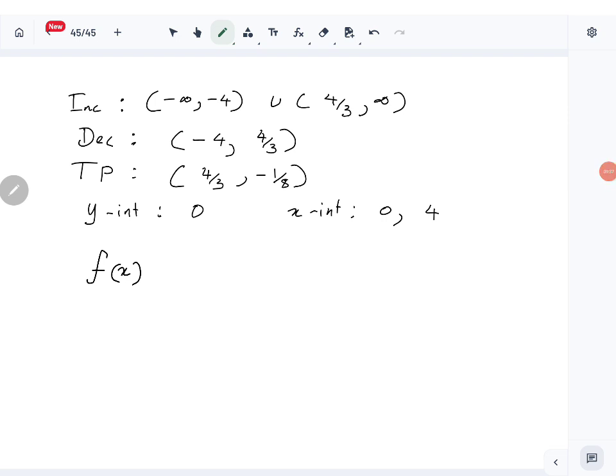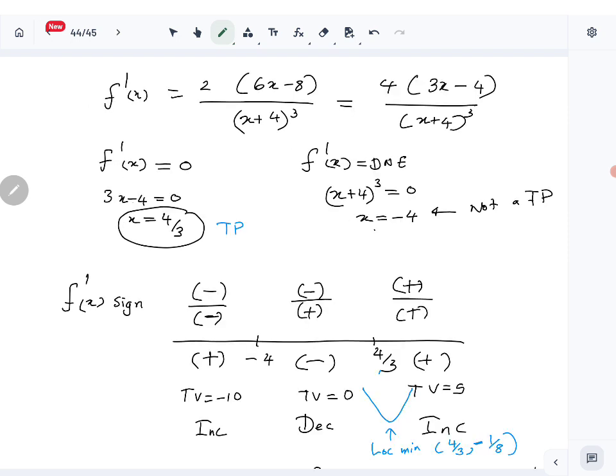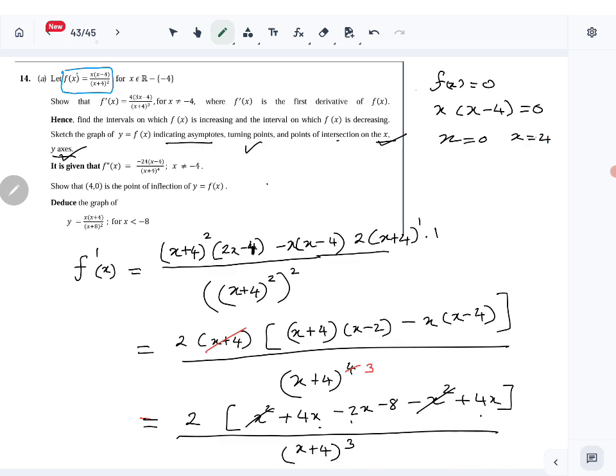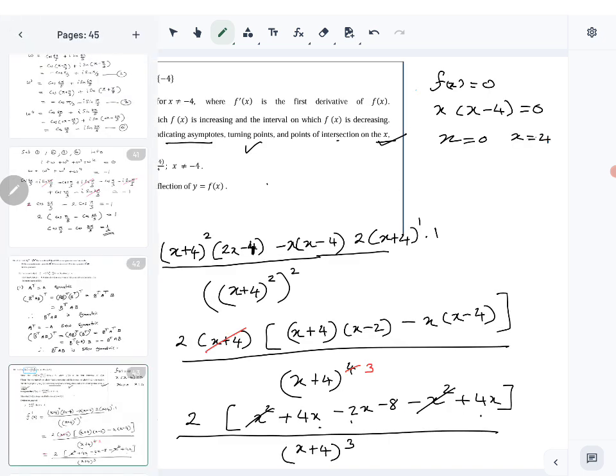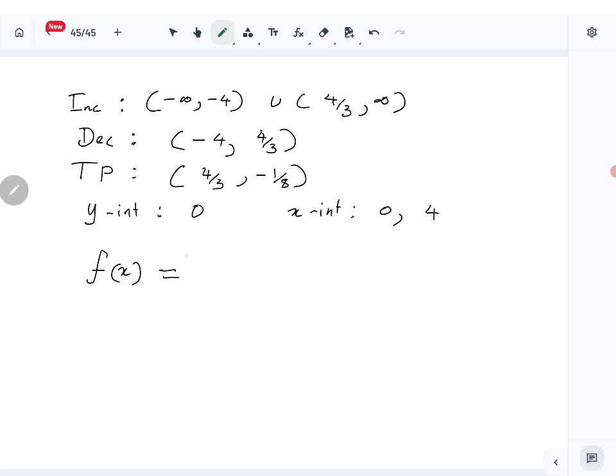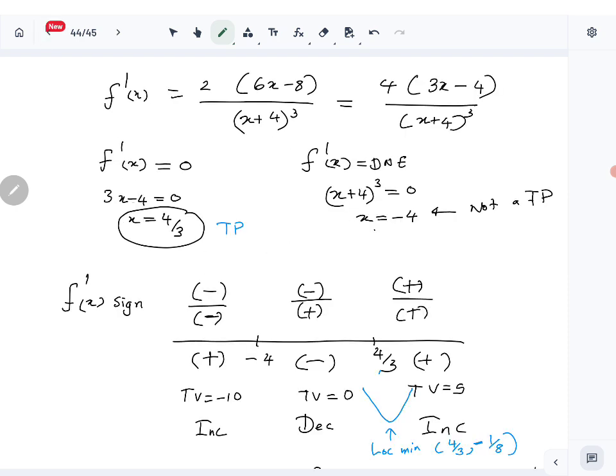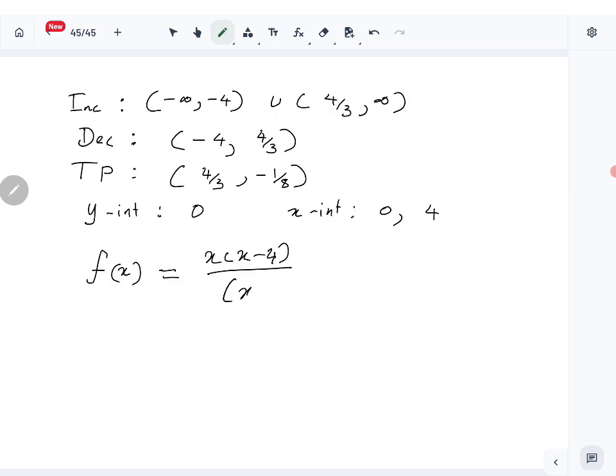Okay, so let's continue. So now we need to find what? Vertical asymptotes and horizontal asymptotes. So f(x) equals, let's go back to the function, x minus 4 over (x plus 4) squared.